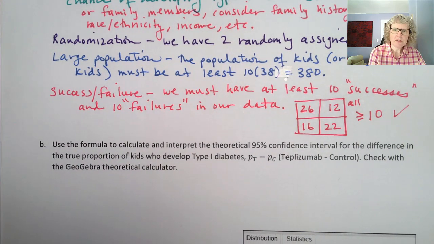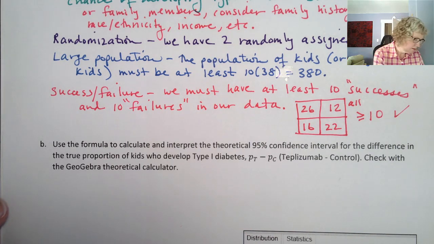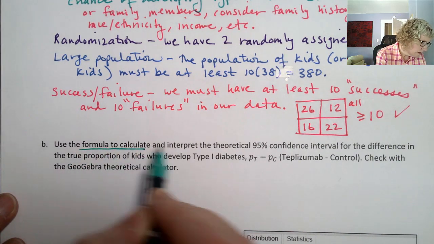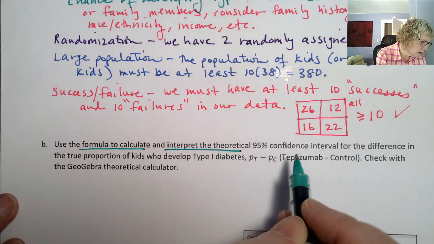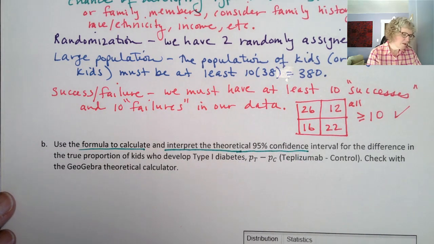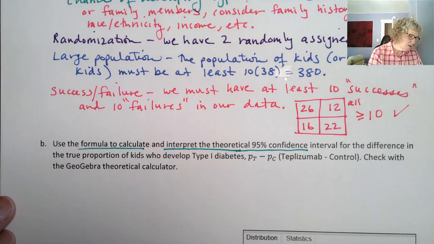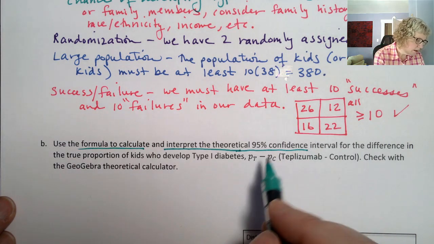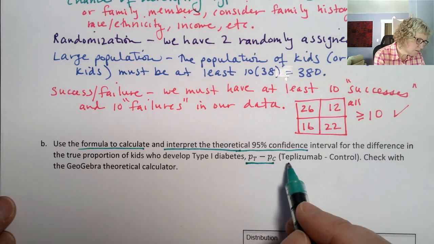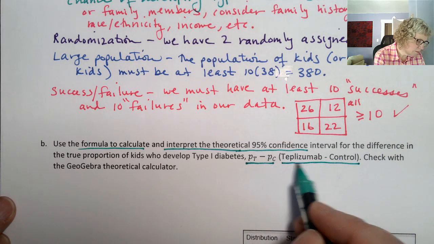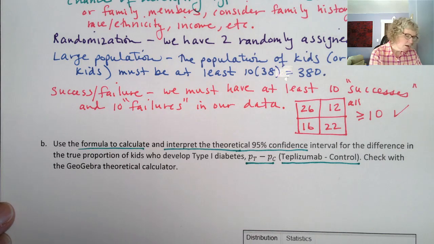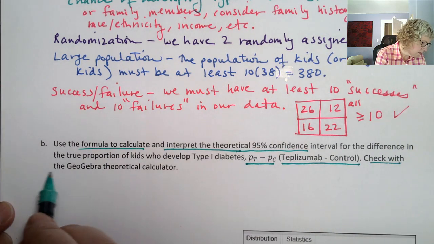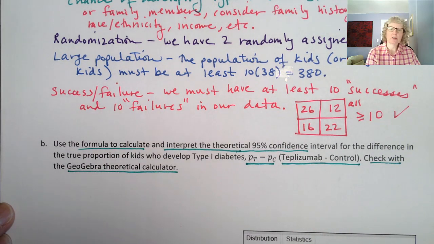Use the formula to calculate, and then we're going to interpret the theoretical 95% confidence interval for the difference in the true proportion of kids who develop type 1 diabetes, PT minus PC, so teplizumab minus control. And then we're also going to check with the GeoGebra theoretical calculator.